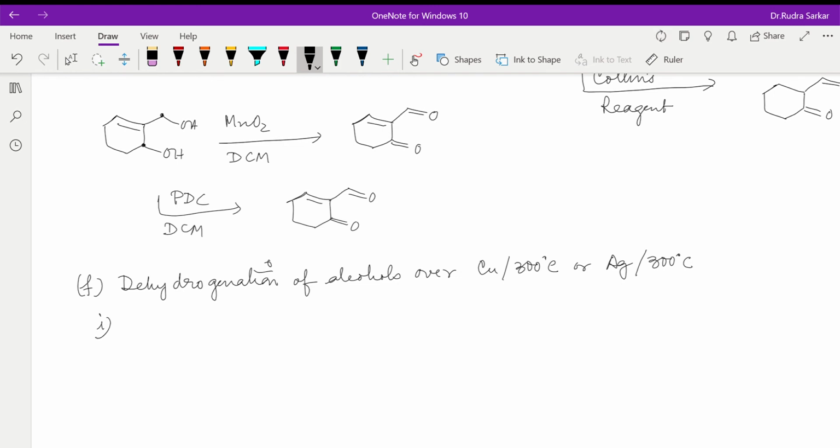Just remember, the word is dehydrogenation, so removing hydrogen is oxidation.